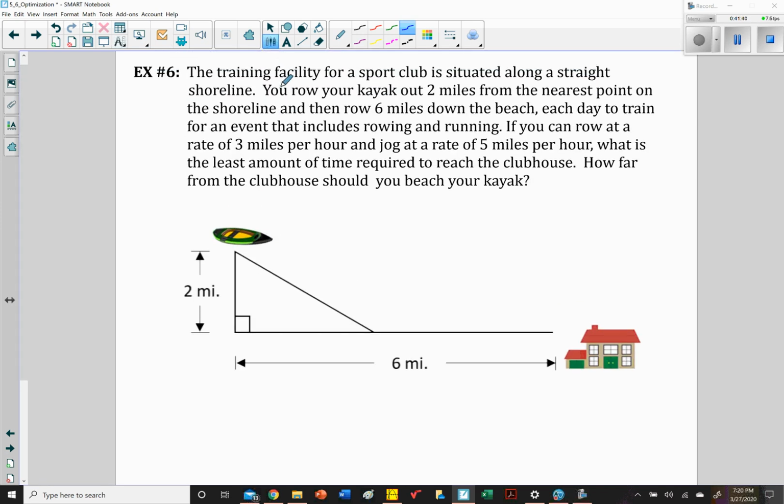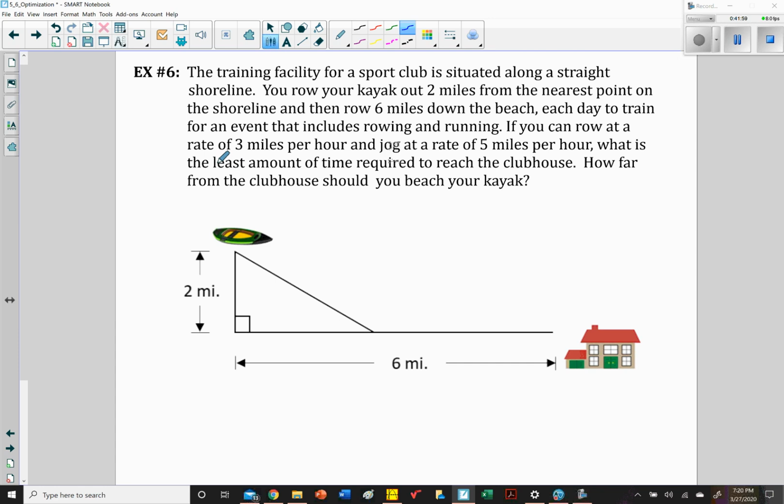The training facility for a sports club is situated along a straight shoreline. You row your kayak out 2 miles from the nearest point on the shoreline and then row 6 miles down the beach each day to train for an event that includes rowing and running.